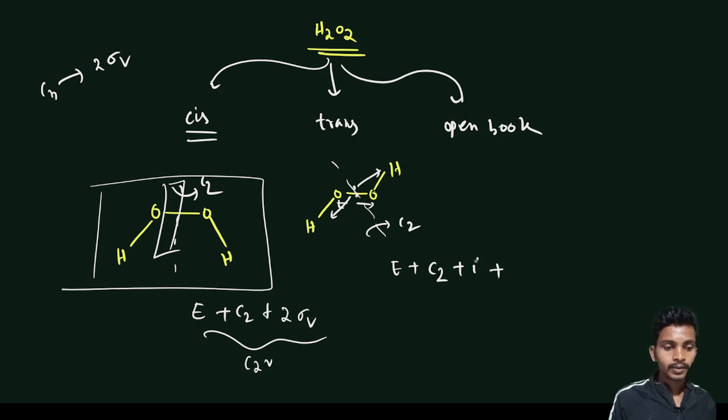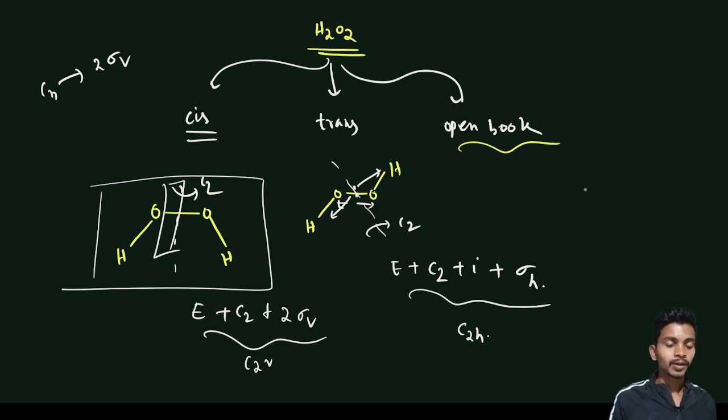And another thing, sigma v will not be present, because if I do it, then this will reflect here. So C2 and sigma h are present, because this principal axis C2 and the sigma, which is the molecular plane, are perpendicular, so sigma h is there. So this point group will become C2h.